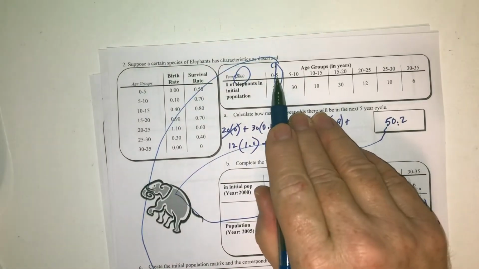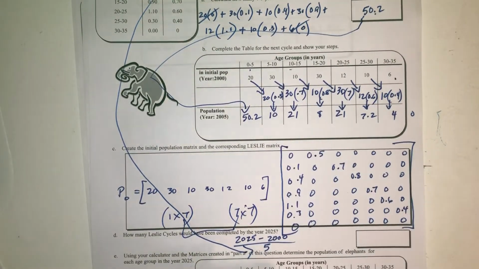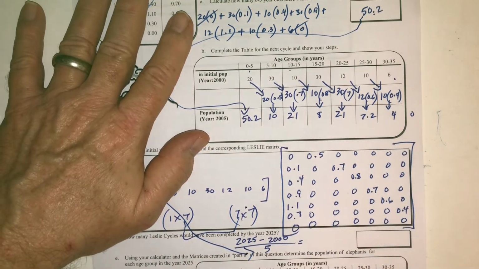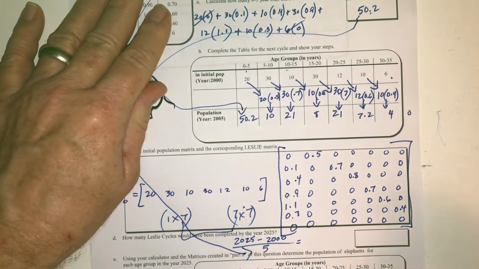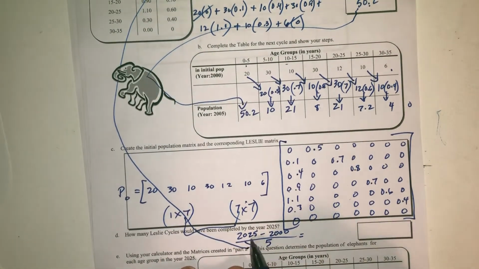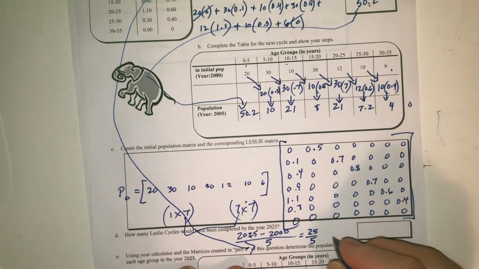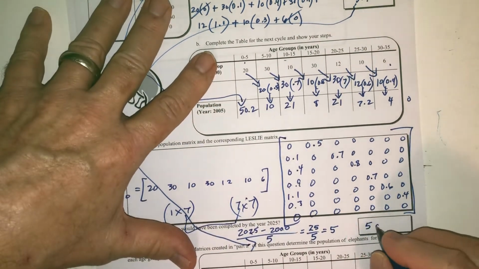The end of this first age group is what goes here. That wasn't the same the last time, so keep that in mind. This will tell us how many cycles this Leslie matrix would need to be applied to this population matrix. Well, when we subtract 2000 from 2025, that's 25. And if we divide that by 5, that tells us there are 5 cycles that we would need to apply.